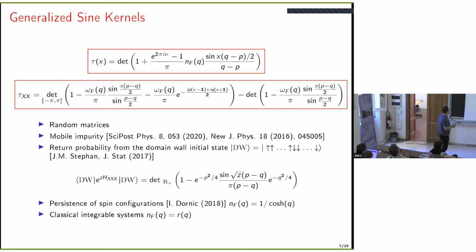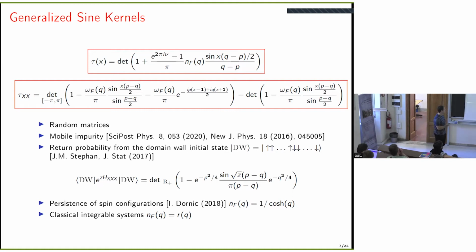And not always are these objects related to free fermions. For instance, there is this nice work of Jean-Marie Stéphan, who showed that this Loschmidt echo type of observable, or return probability from the domain wall, is also of this type, where instead of n_F we have this function e to the minus p squared.